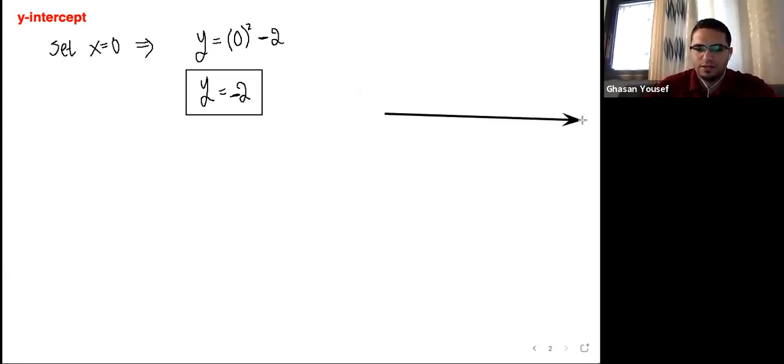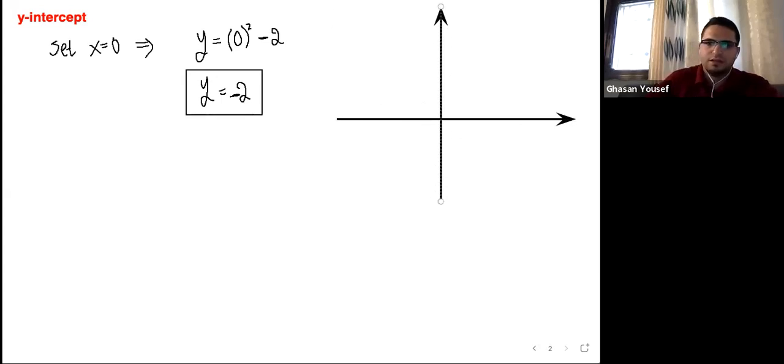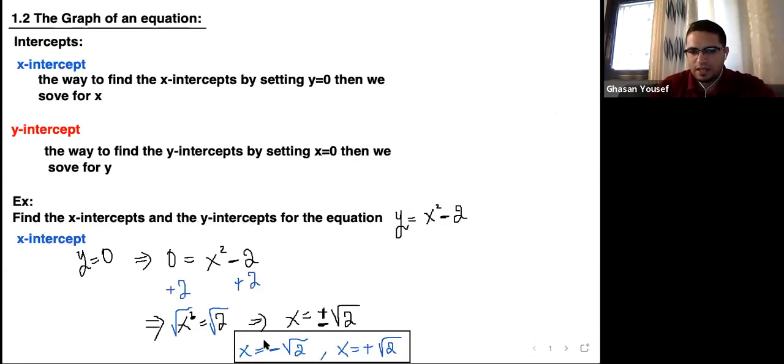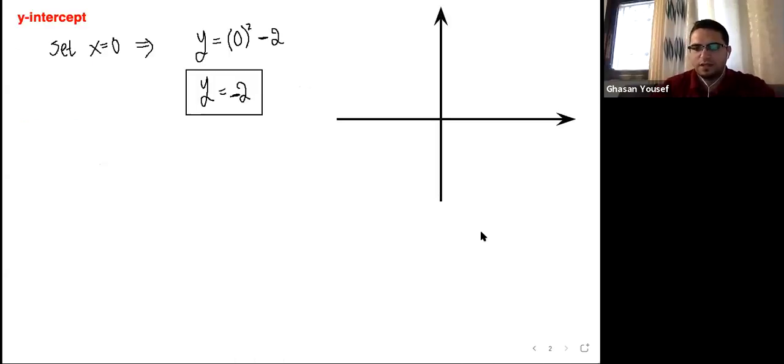The graph for this one here is the x-axis, and this is my y-axis. So we have 2 points as x-intercepts. The first point is x equals minus square root of 2, and the second one is x equals the positive square root of 2.